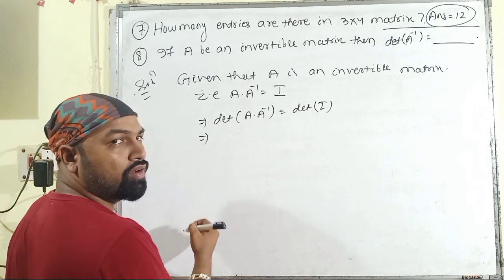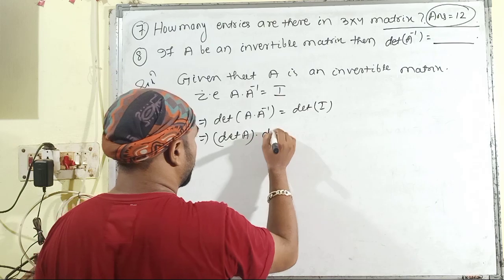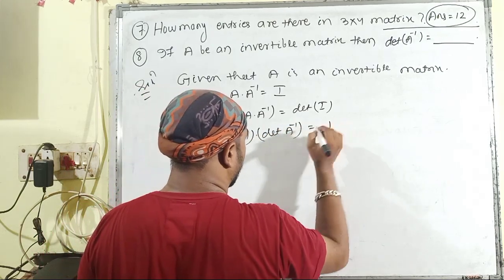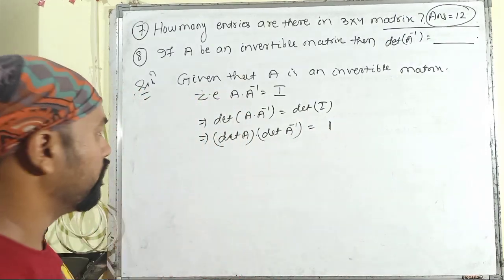Then by using the properties of the determinant, we have determinant of A multiplied with determinant of A inverse is equal to 1, because the determinant of an identity matrix is always 1.